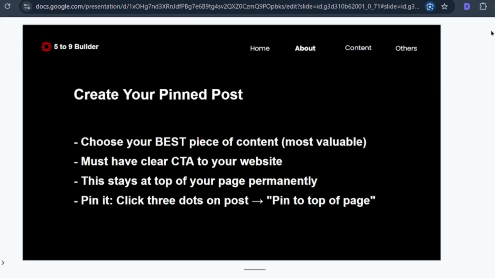I mean your unique proposition for this target audience. Why should people even follow you? You understand? So you have to create a post that talks about this, so that you pin it at the top of your page. That particular post will always be there every single day.